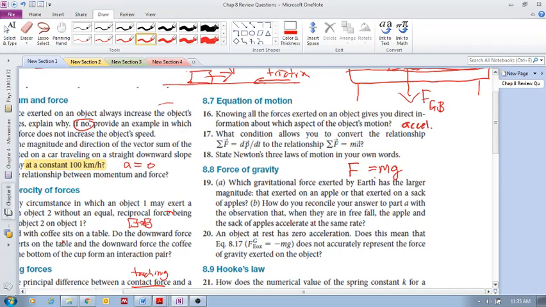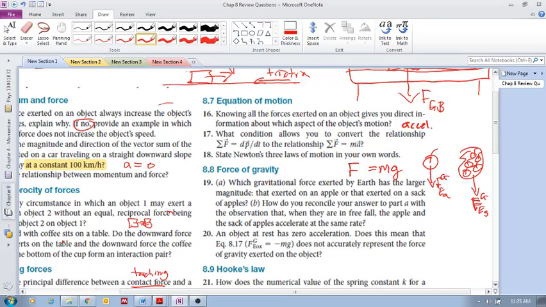We've just said that for a single apple, or for a bag of apples, there's a larger force of gravity, Earth on apple. And if we draw that one, force of gravity, Earth on the sack. We said that this force is larger than this force because the force of gravity is proportional to the inertia.